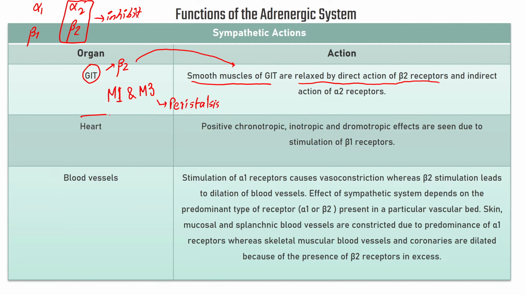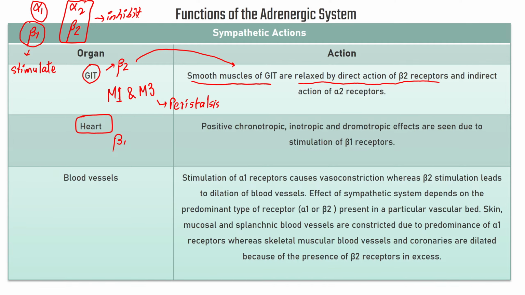Now in the heart, we know the location. Beta 1 receptor is present in the heart. Beta 1. So beta 1, obviously we know alpha 1 and beta 1 both stimulate. Both of them, what they do, they stimulate whichever organ they are present in. जो भी organ में रहेंगे उसको stimulate करेंगे, उसकी activity increase करेंगे.